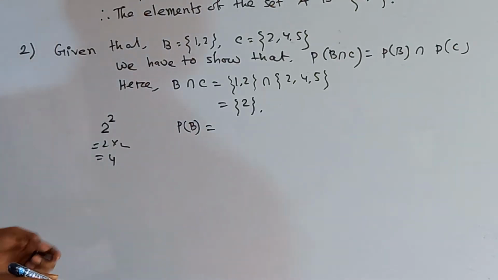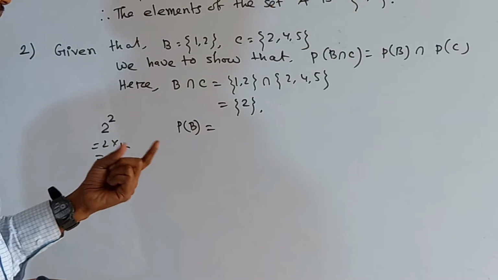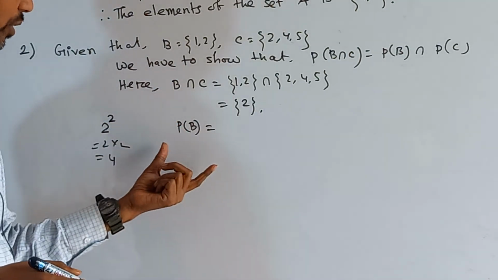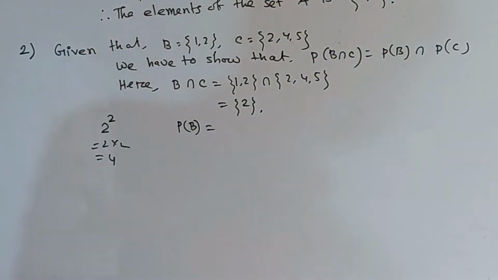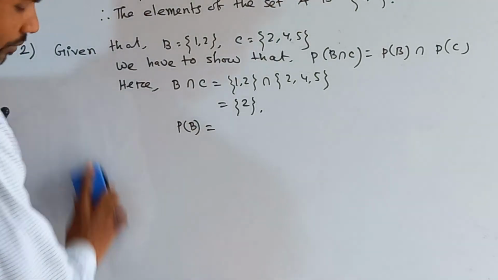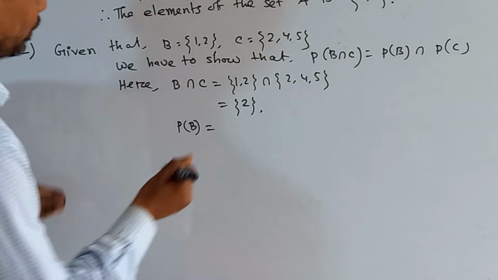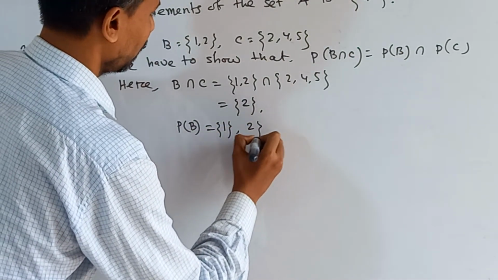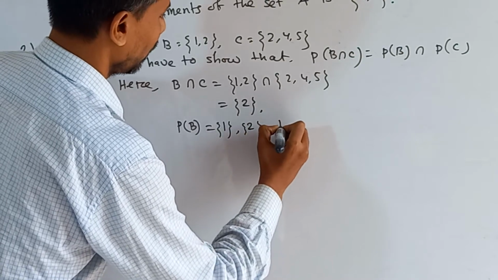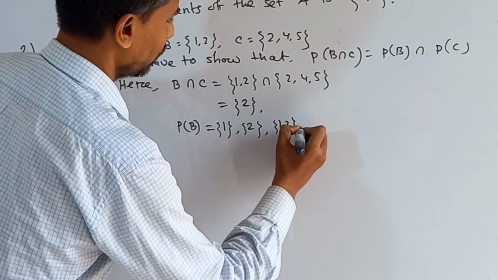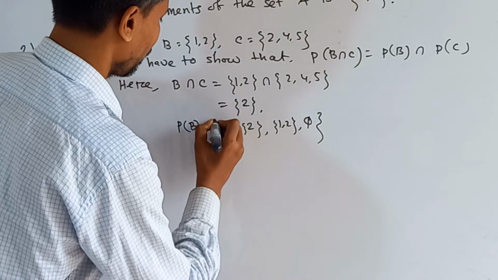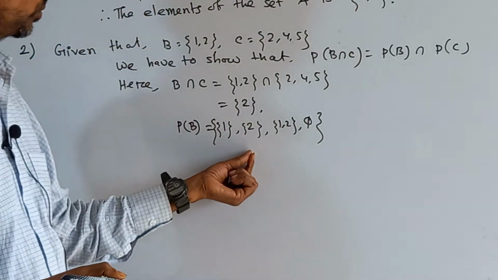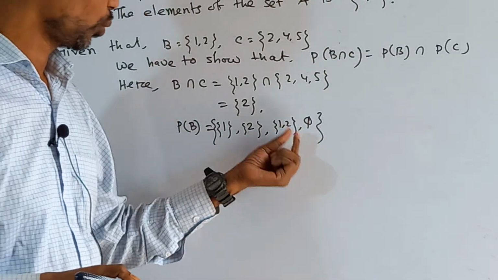That means the number of subsets of B will be 4. This is called the power set of B. So write first {1}, then {2}, then {1, 2}, then the empty set. That means the power set of B equals {{1}, {2}, {1, 2}, empty set}.